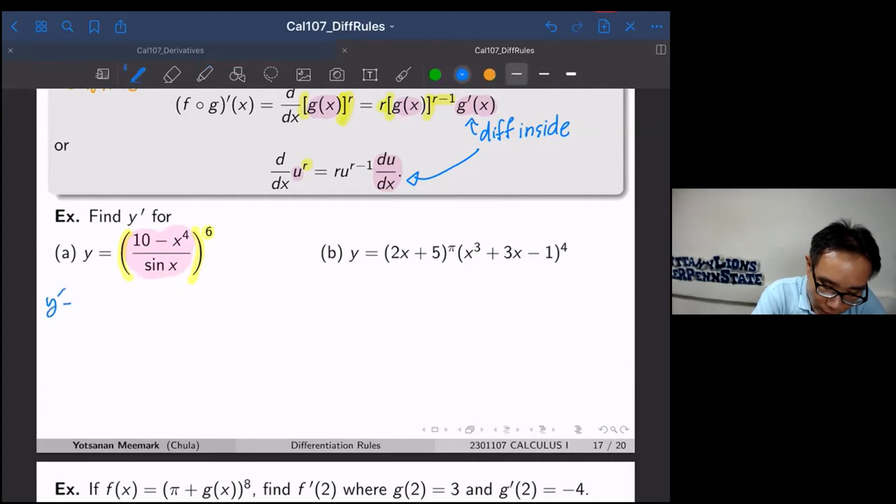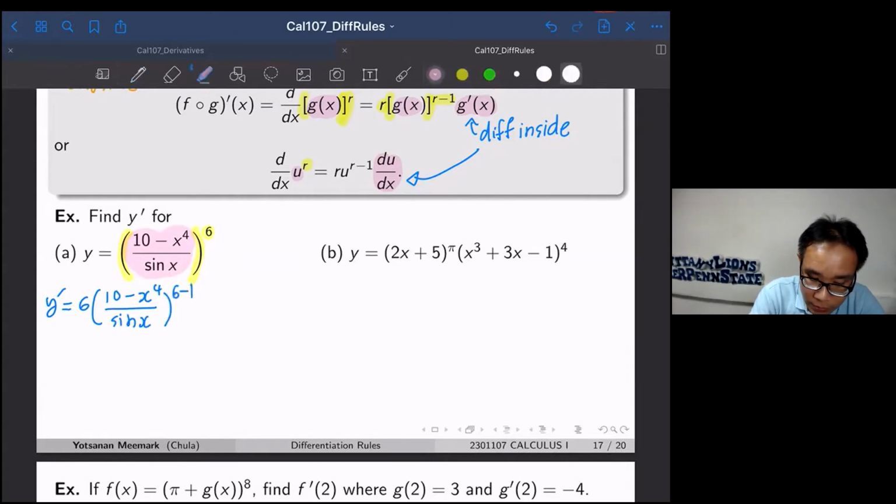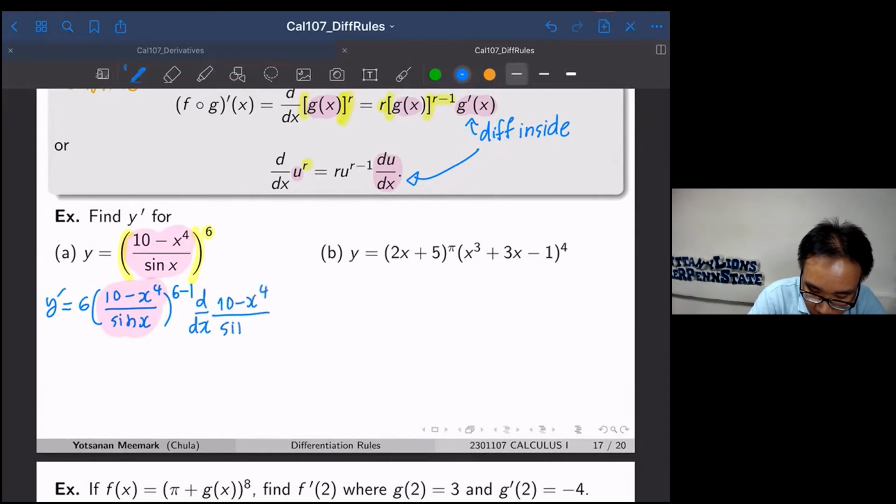So you get y prime equal to 6 times (10 minus x to the 4th over sin x) to the 6 minus 1, which is the fifth power. And you have to differentiate the inside, d/dx of (10 minus x to the 4th) over sin x.